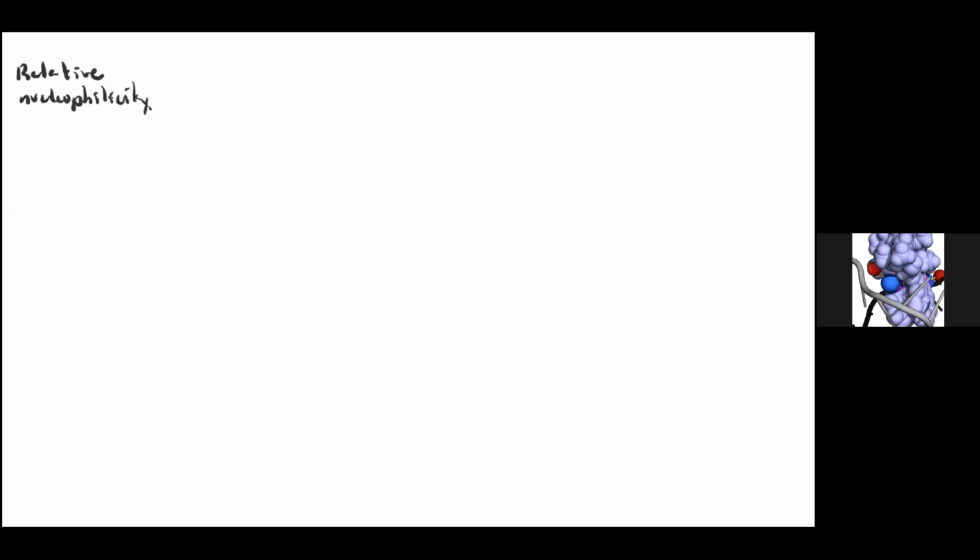All right. And so remember that we're able to draw a few different trends to anticipate the relative nucleophilicity of pairs or sets of reagents.